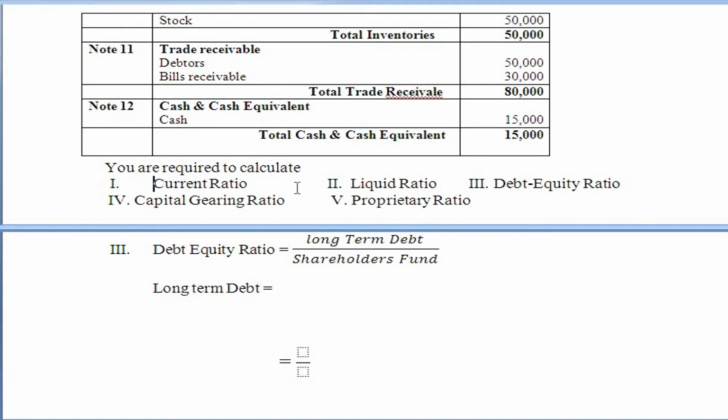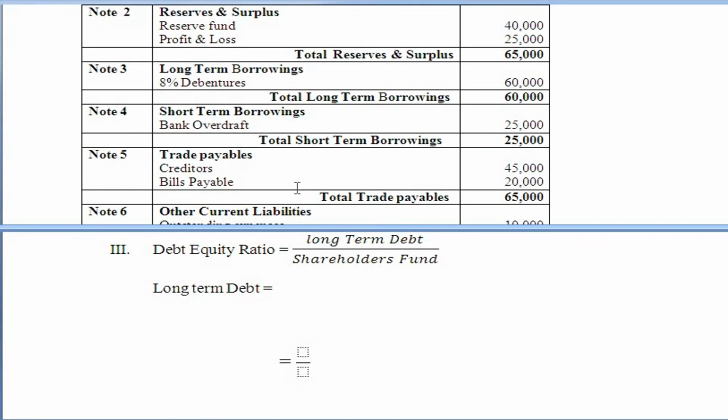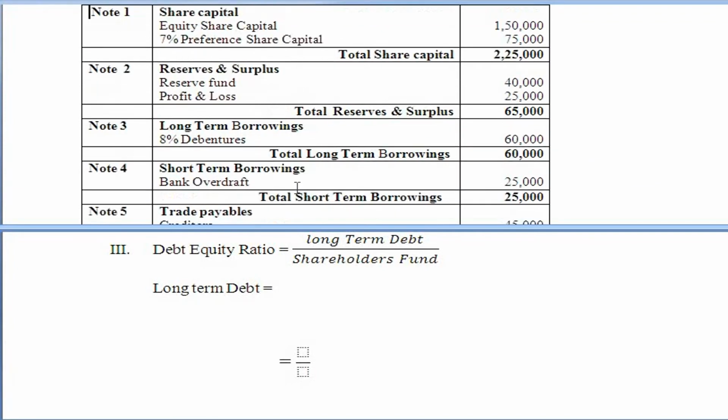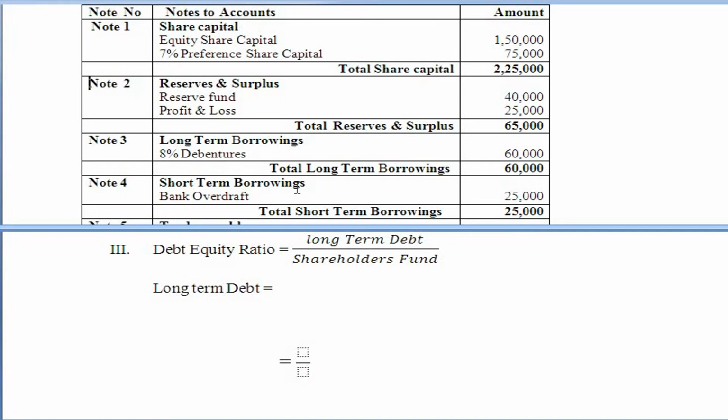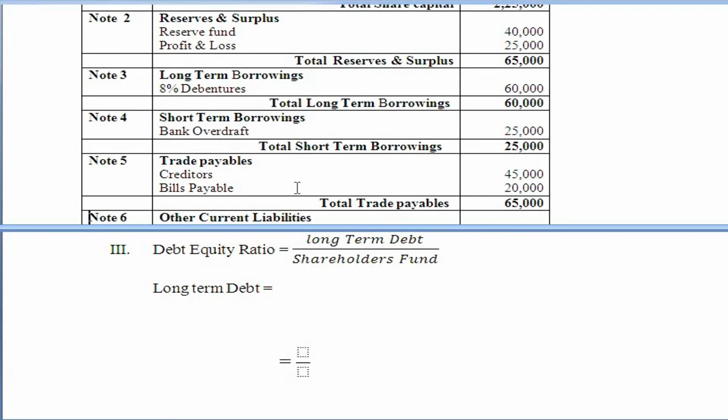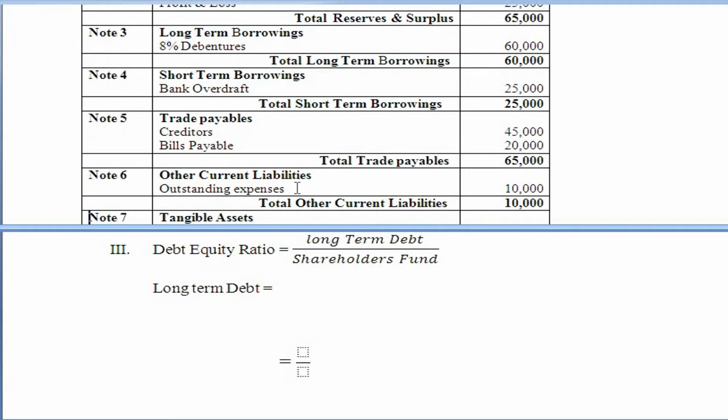Now we'll check in the problem whether loan amount is there or what. First one is share capital reserves. There is long term borrowings, that is 8% debentures. After that there is short term borrowings, trade payables, which means that firm has only one long term borrowings, that is 8% debentures.